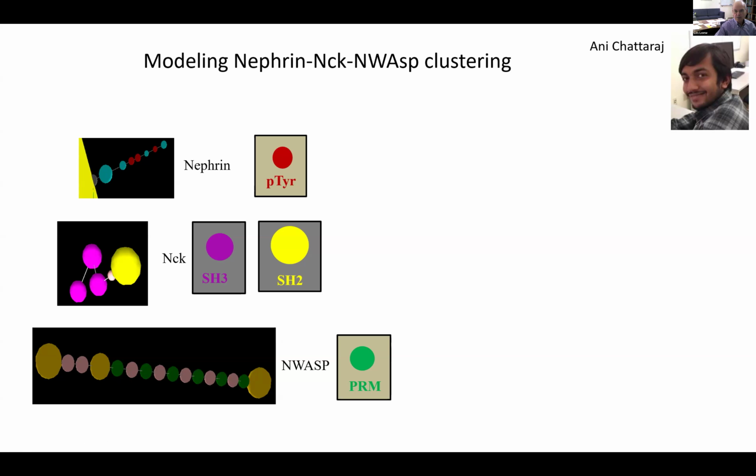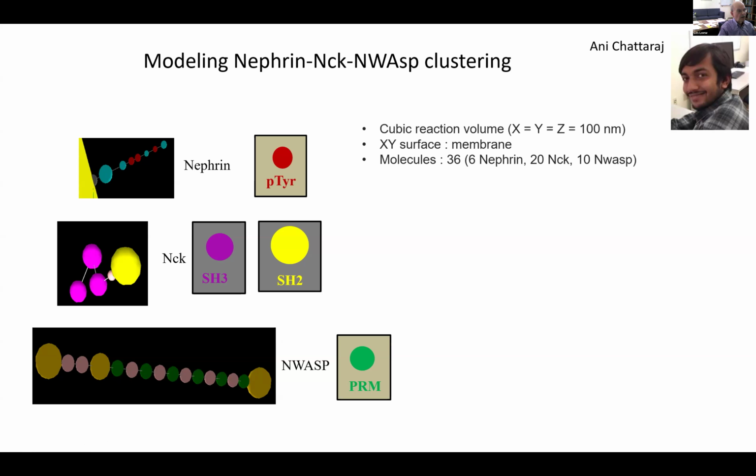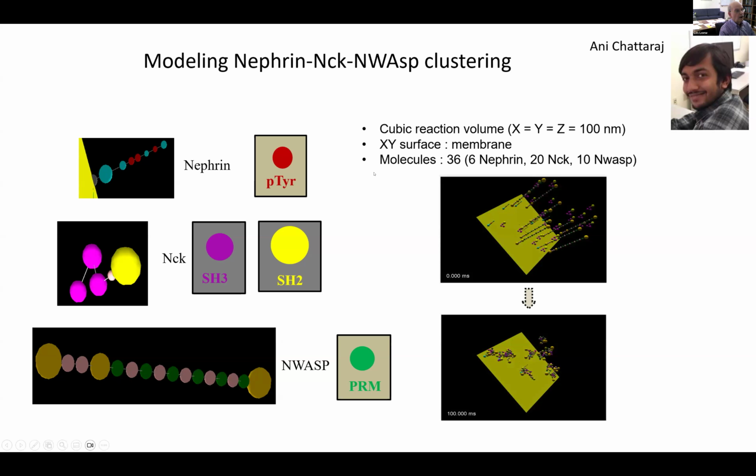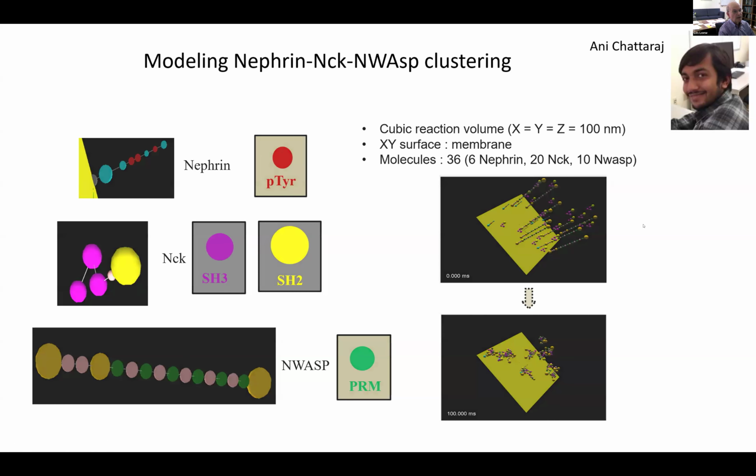And all you have to do in SpringSaLaD is define which can bind with which, and then let the system take off. Here we have a simulation of a cubic reaction volume where the XY surface is defined as the membrane that holds the nephrins. There are 36 molecules: 6 nephrins, 20 NCKs, and 10 NWASPs.